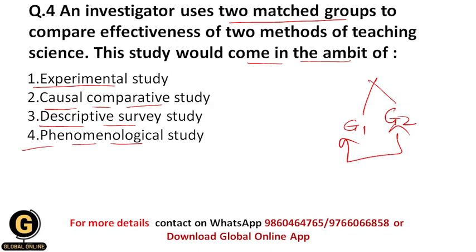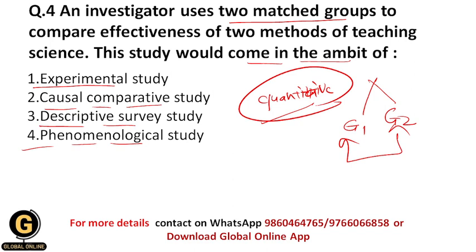So for such studies we are mostly going to have the quantitative research method, because if we want to compare the two groups, then obviously here we are going to make the null hypothesis and research hypothesis, and we are going to test the null hypothesis, whether we are going to accept it or reject it. And that's why we are going to use different statistical techniques to test the null hypothesis, and that's why the method is quantitative.